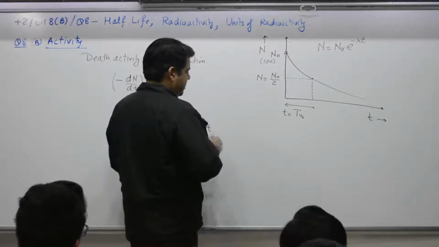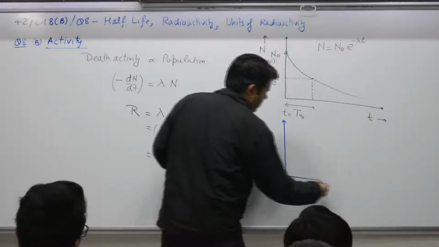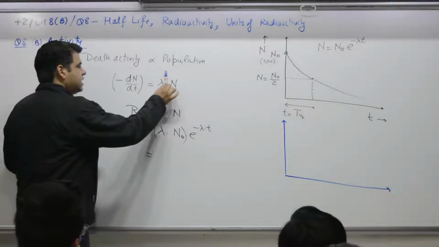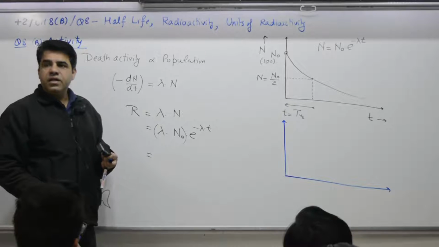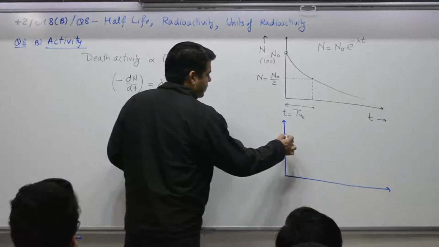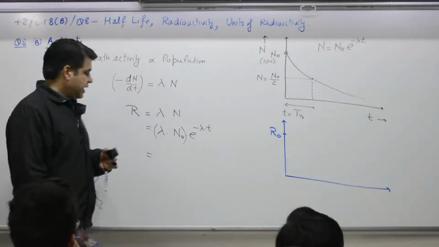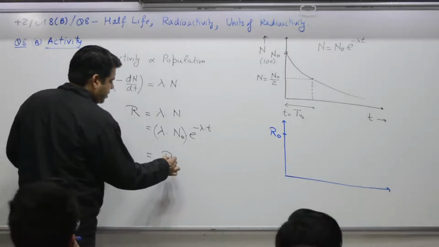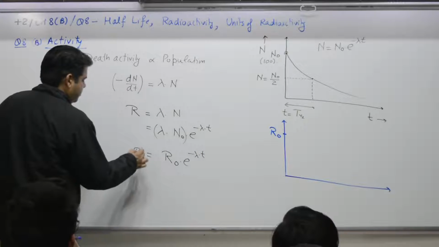Lambda into N gives you activity at any time. Lambda into N naught gives you activity at t equal to 0, the original value, R naught. Lambda into N naught is written as R naught. So R is R naught e power minus lambda t. Means what?